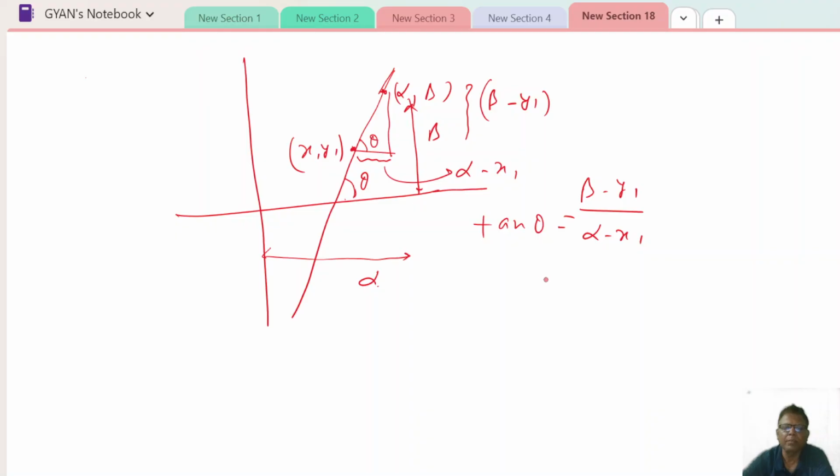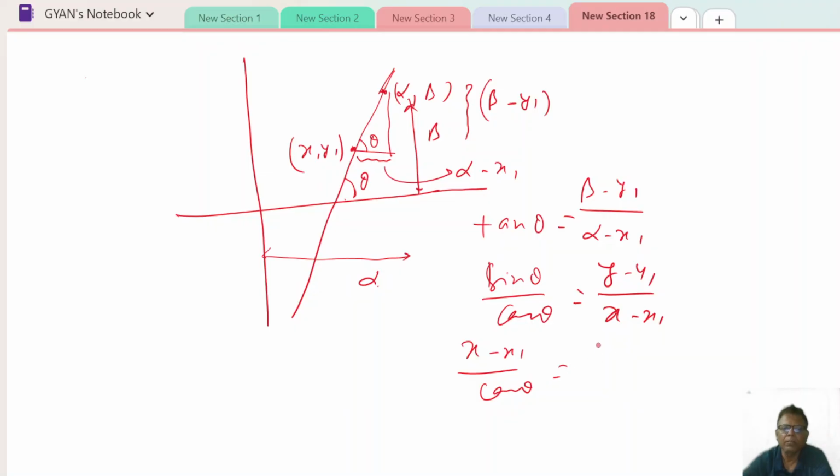So replace alpha, beta; this is sine theta by cos theta. So this will be (y minus y1) divided by (x minus x1). So the equation will be (x minus x1) by cos theta is equal to (y minus y1) by sine theta, and this is this length.